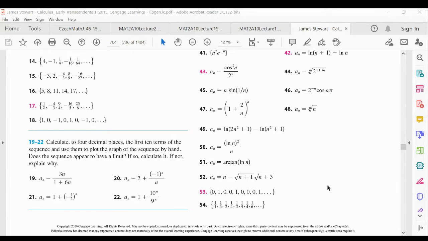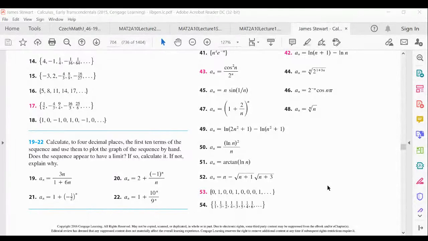Now 53 doesn't do that. It doesn't matter how far down we go, we'll get more and more zeros, but we will eventually get another 1. So this kind of bouncing behavior between two values is one way in which a sequence can diverge. This is a divergent sequence.